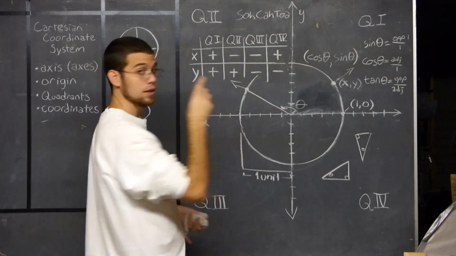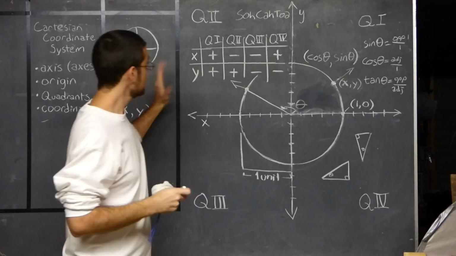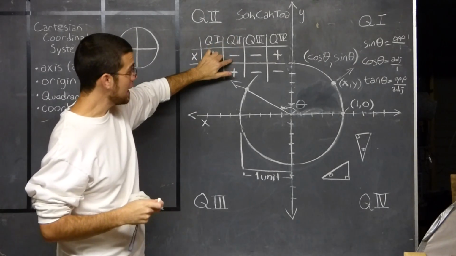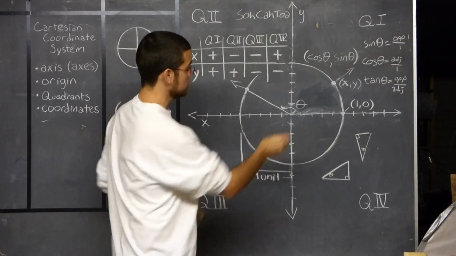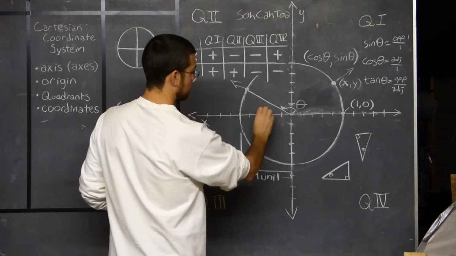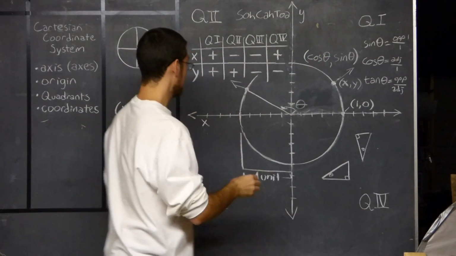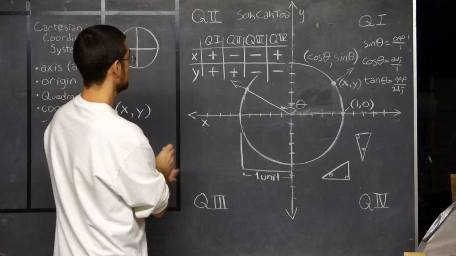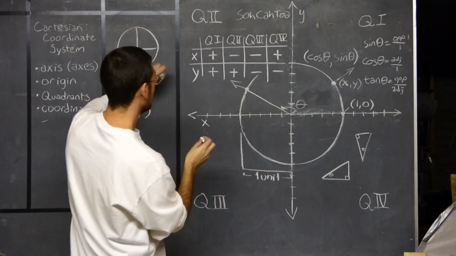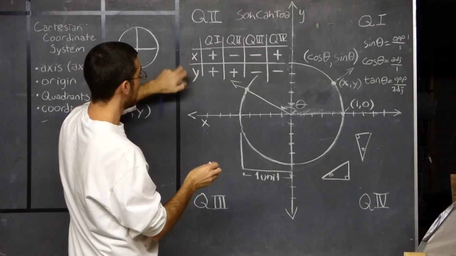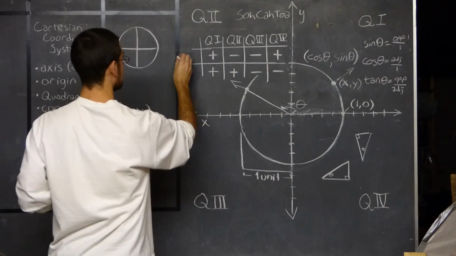Now, this is interesting. That means that our x values are going to be in quadrant 2 negative. So the cosine of an angle that is more than 90 degrees but less than 180 degrees, somewhere in the second quadrant, is going to be a negative value. Okay? So, we could replace x and y with what they equal in terms of our new definitions here.